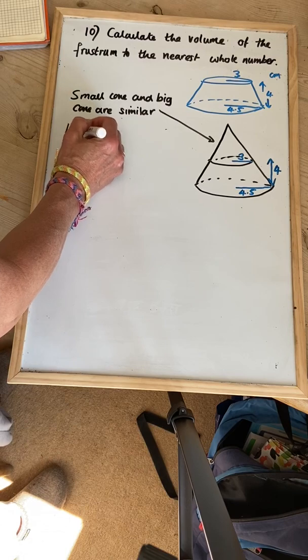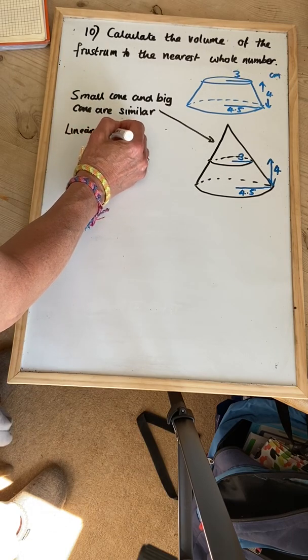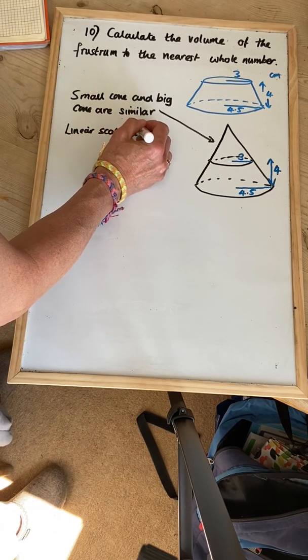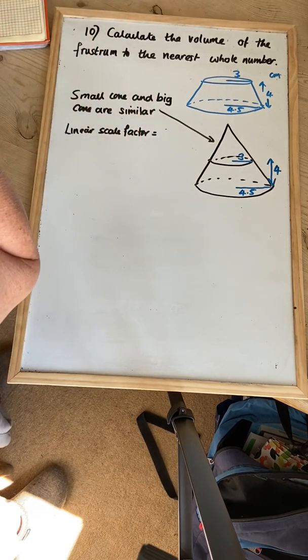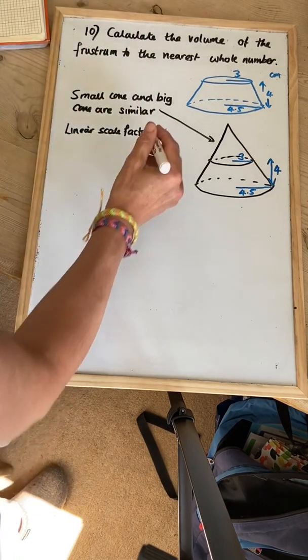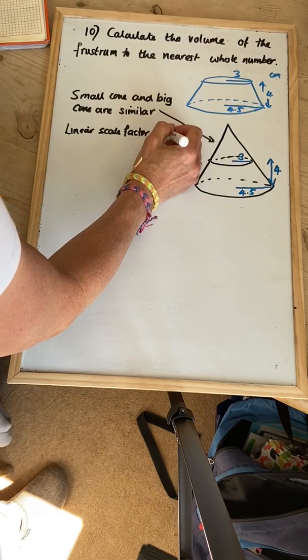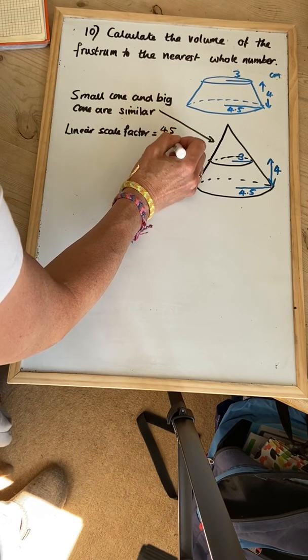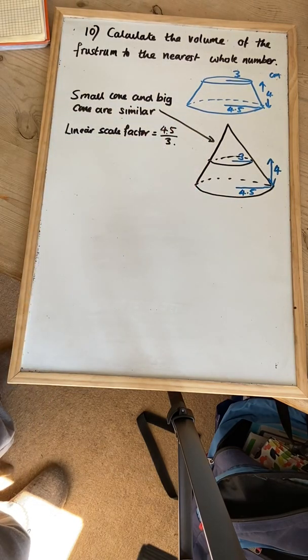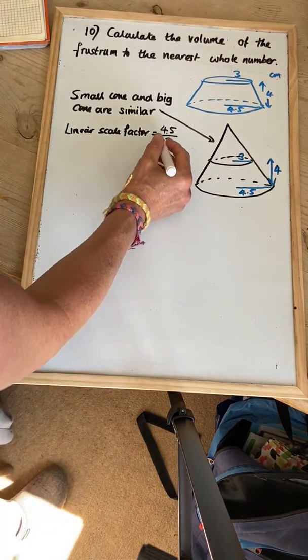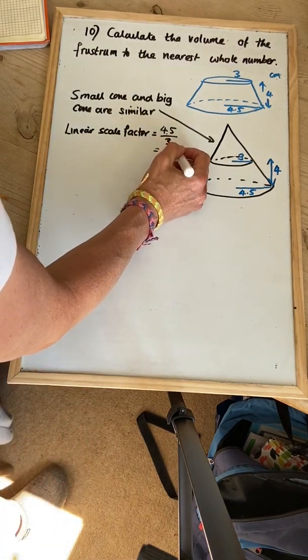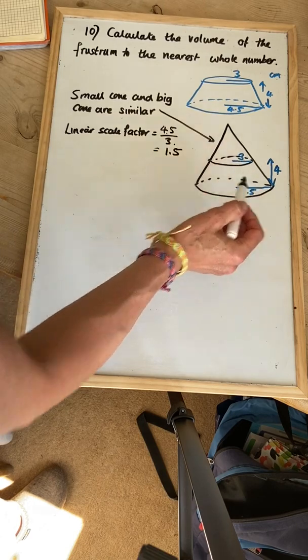So our linear scale factor going from the small to the big, which is what I usually like to do because it gives you larger numbers that aren't fractions. Our linear scale factor to go from a 3 to a 4.5 is 1.5. So 3 times 1.5 gives you 4.5.